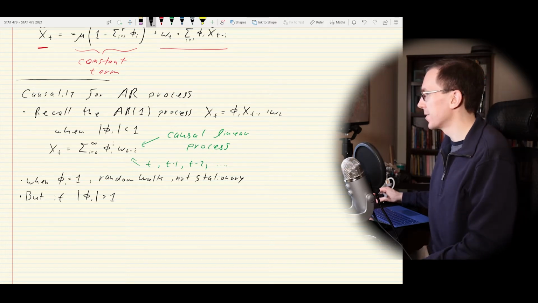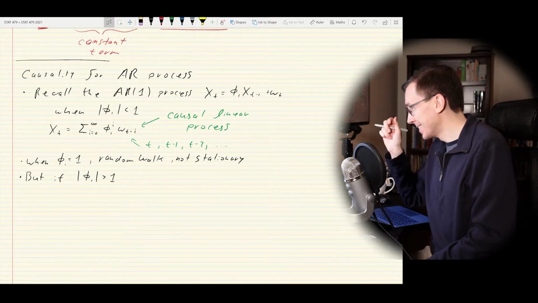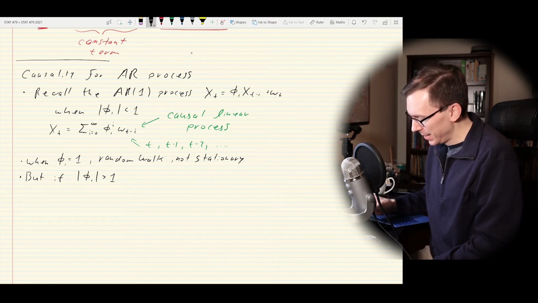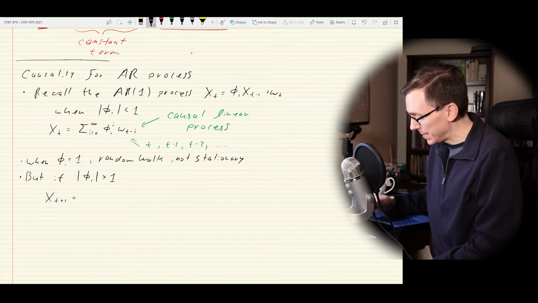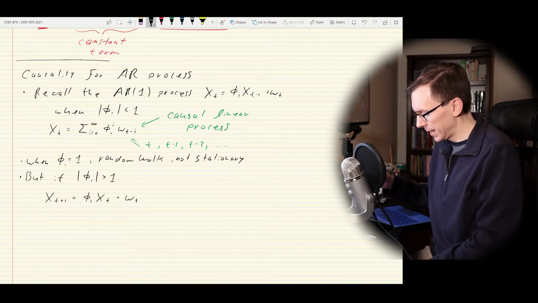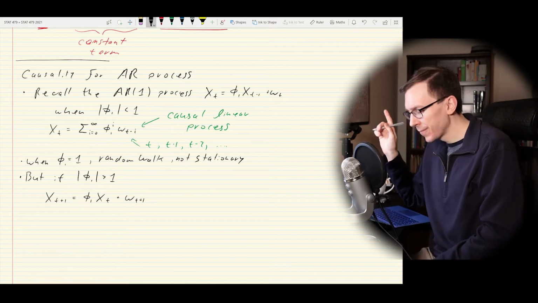But we can still try to understand this as a non-causal linear process. So how do we do that? Well, we can apply the definition of this process. I can say that x_{t+1} happens to be phi 1 x_t plus w_{t+1}.